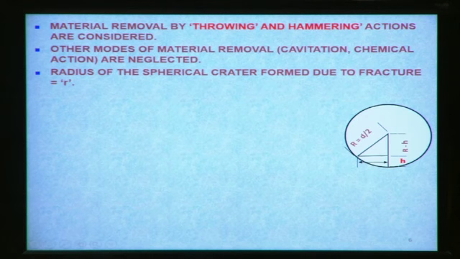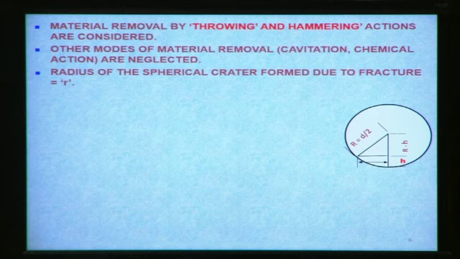Because slurries are there, suppose it is a water based slurry, and you want to machine glass, this slurry can cause a chemical reaction. Due to this, there may be some material removal, but here it is not considered. Only the throwing and hammering models are considered.